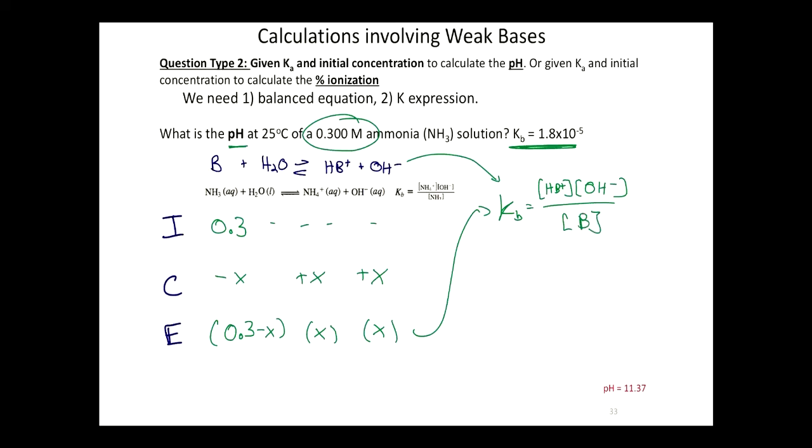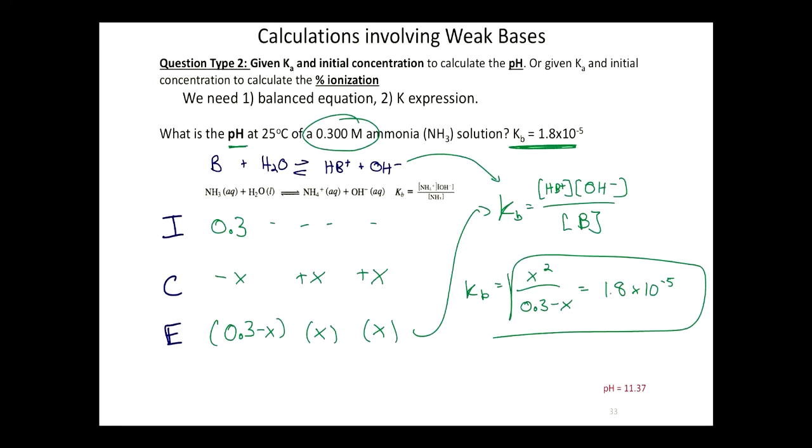But notice here that because this is Kb, see how hydroxide is in the numerator? In a Ka expression, H plus is in the numerator because it is a different equation, right? Just like all ice tables, shove that E line into the Kb expression. So Kb equals X squared over 0.3 minus X. And I tell you, Kb is 1.8 times 10 to the negative 5.